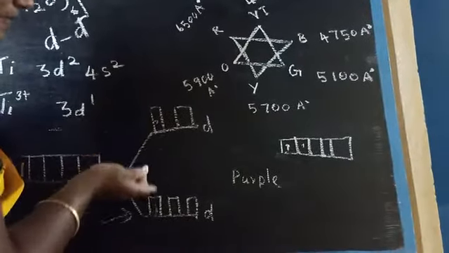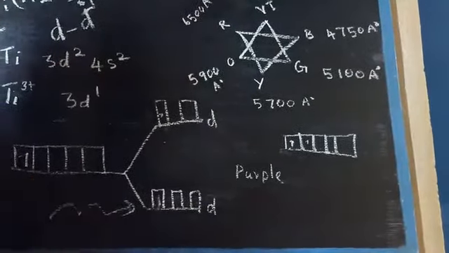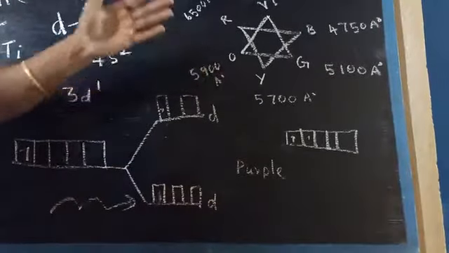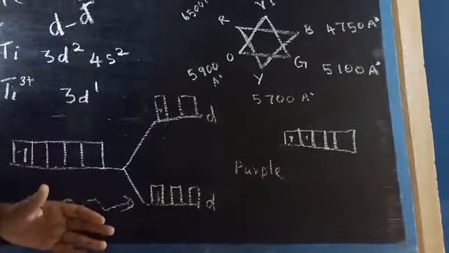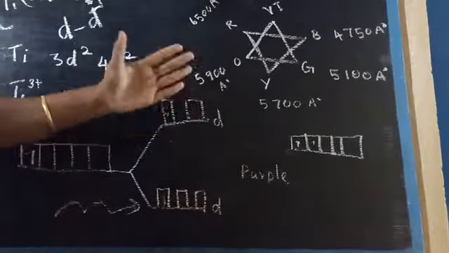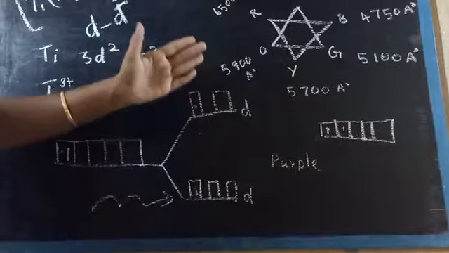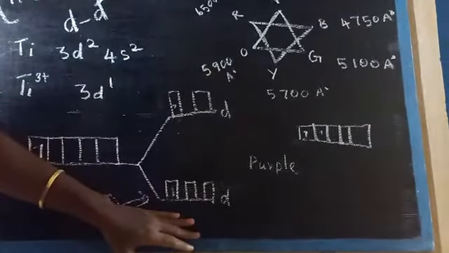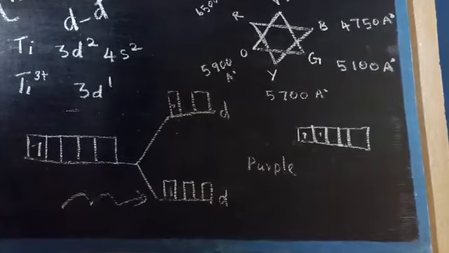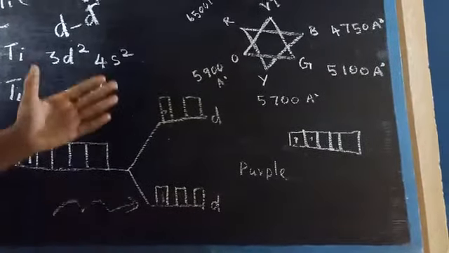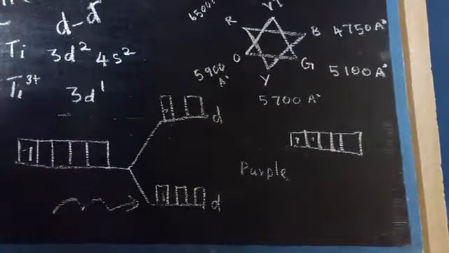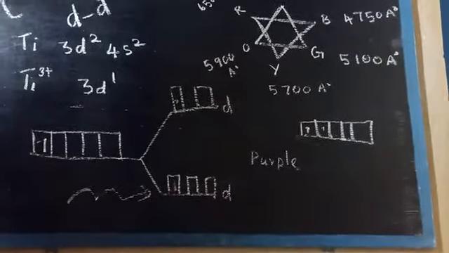Here the splitting energy is present, so the electron moves from ground to excited state. During this movement from here to here, it again comes back to the original. Now it emits radiation; you know this concept very well. Due to this reason, we get transition complexes or colored substances.